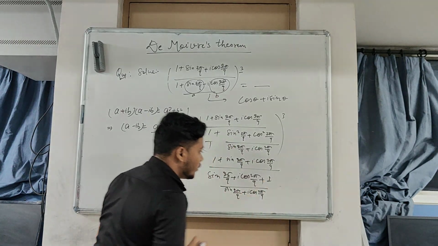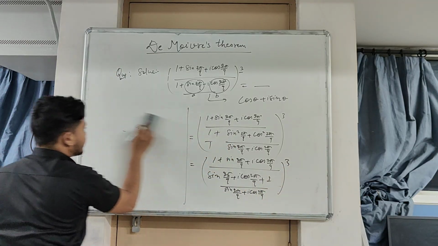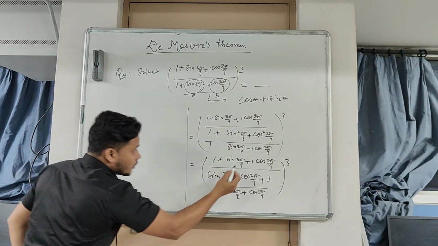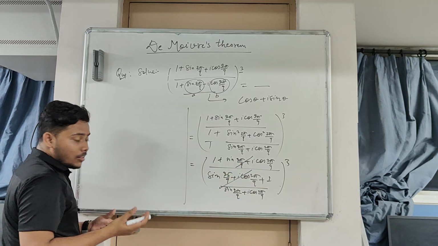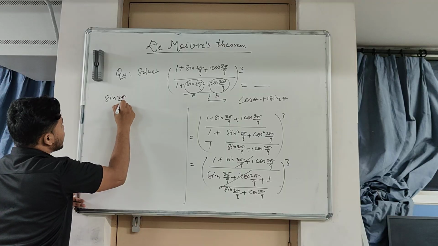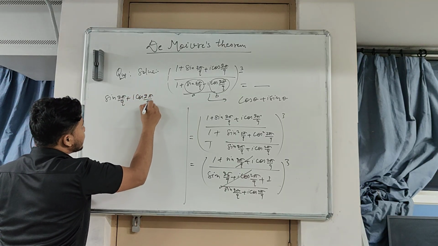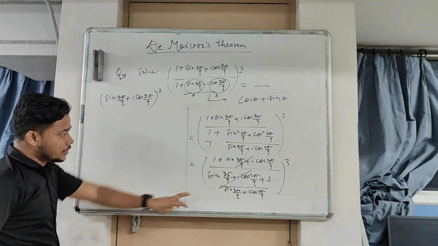So this is equal to 1, and whole cube. Now see, this term and this term get cancelled and we get (sine 2 pi by 9 plus iota cos 2 pi by 9) whole cube, right?